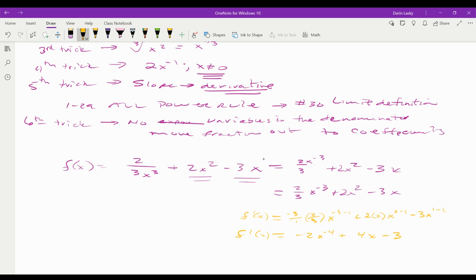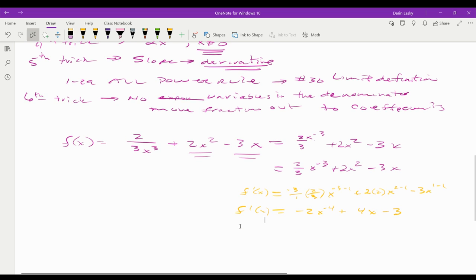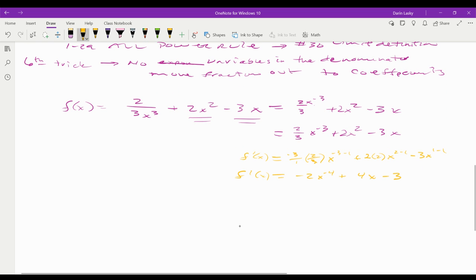Now I can find any value I need. I can find the value of the slope at any x value now that I can plug into here. So that's kind of the idea behind the power rule.